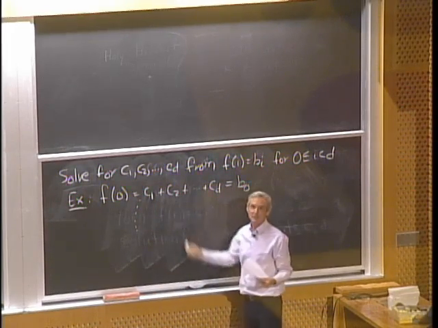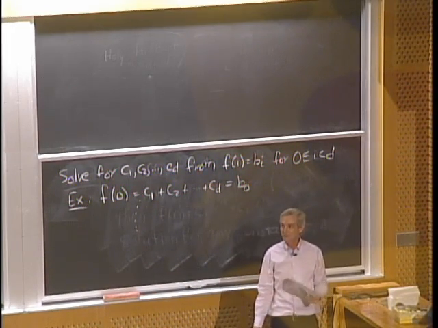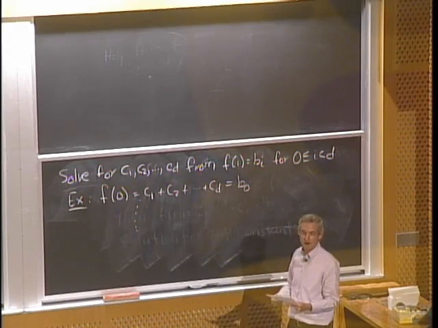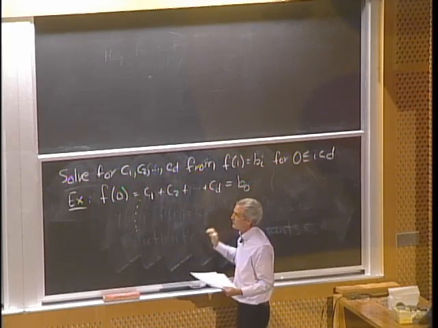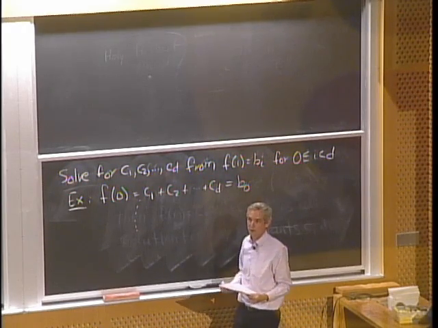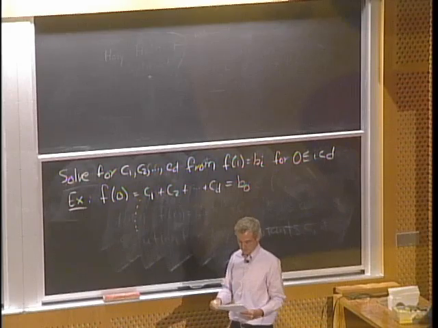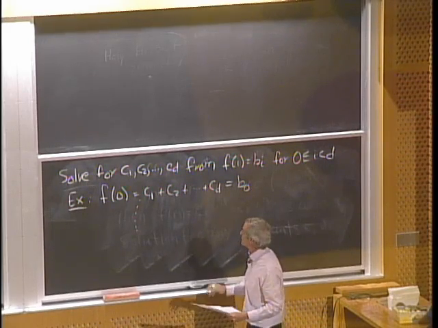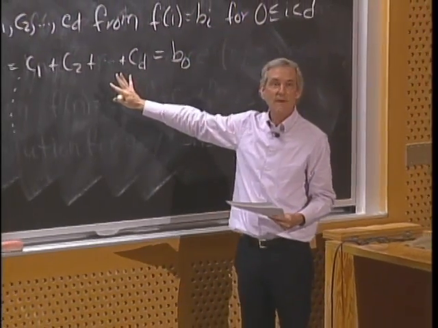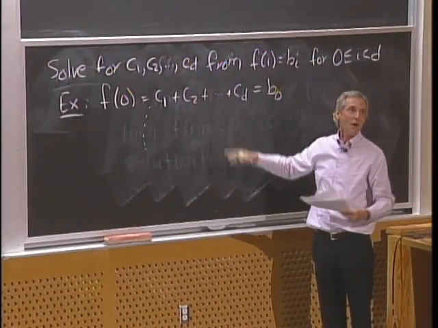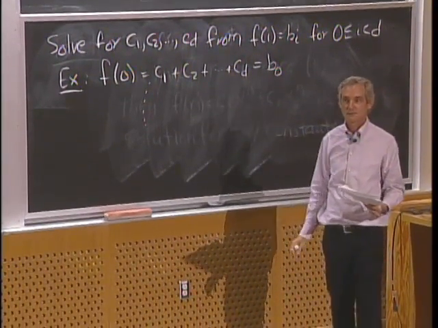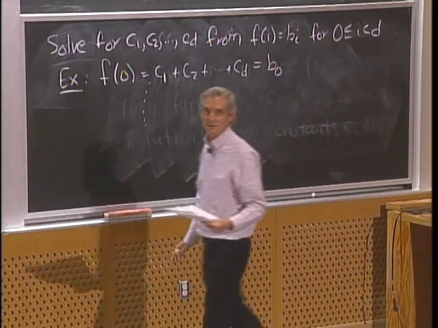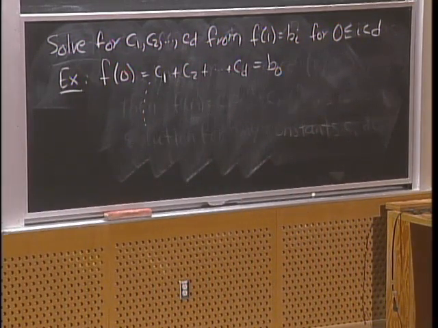So you get a system of equations, d equations and d variables, that you solve to find the coefficients. And that will give the unique and correct solution to the recurrence. All right? Now, turns out this system of equations is never degenerate. It always has a solution. You can prove that, but we won't do that. Any questions about how to do that?